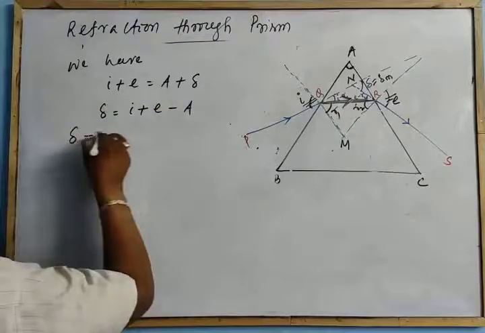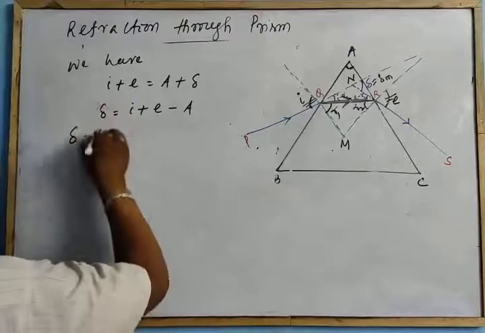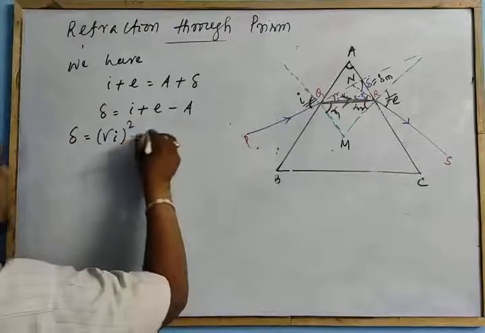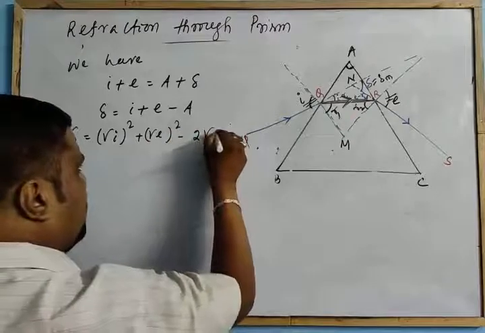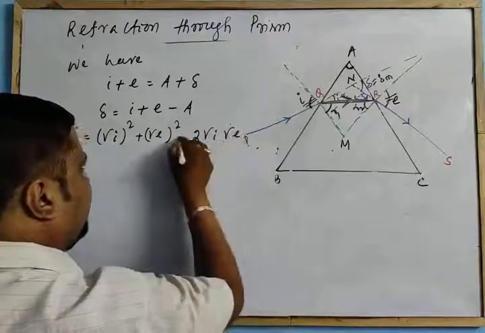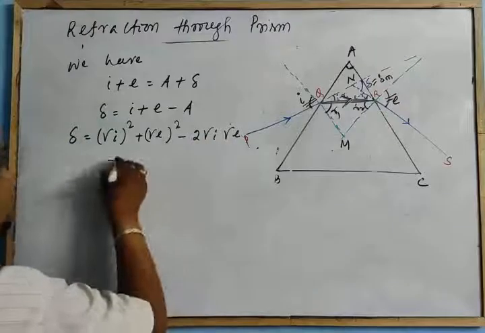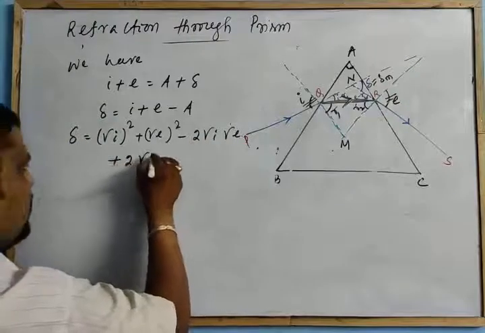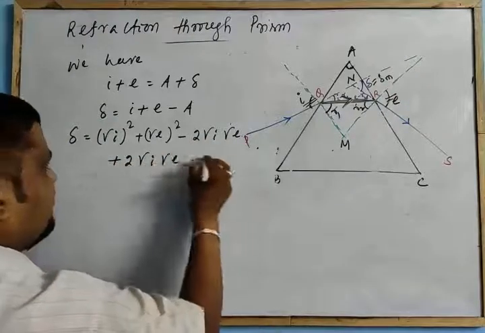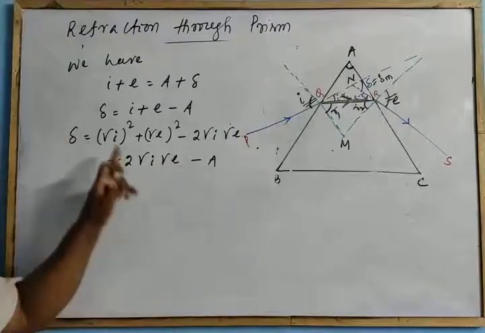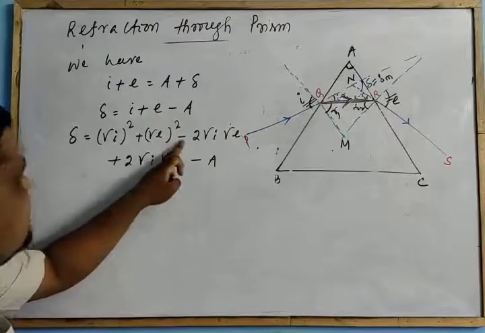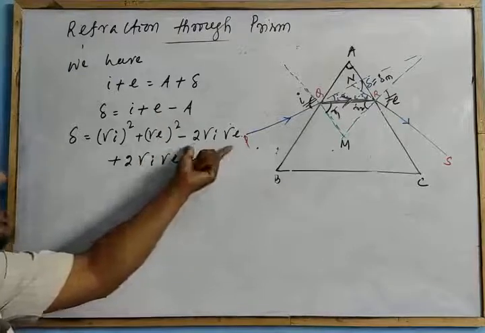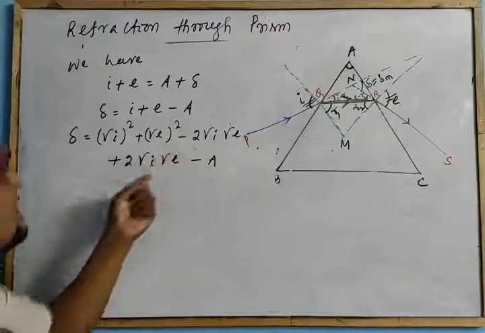I can write this delta is equal to root I whole squared plus root E whole squared minus 2 root I root E, plus 2 root I root E, minus A. Root I whole squared is I, root E whole squared is E, and the same thing is minus and the same thing is plus, so this is 0.